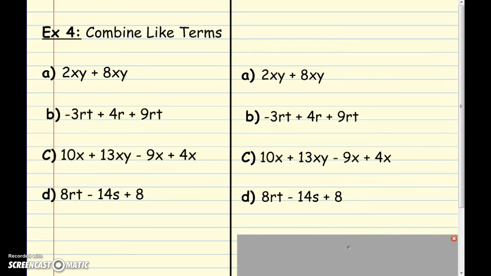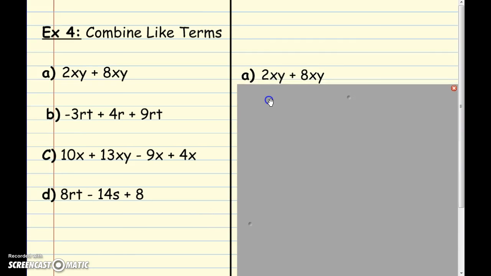All right, let's get this last example out of the way here. And this last example takes not just numbers, not just variables, but it kind of puts it all together. As you're looking at the first example, we do have one that has two different variables in it. That doesn't mean the rules change. You still look at the variables.